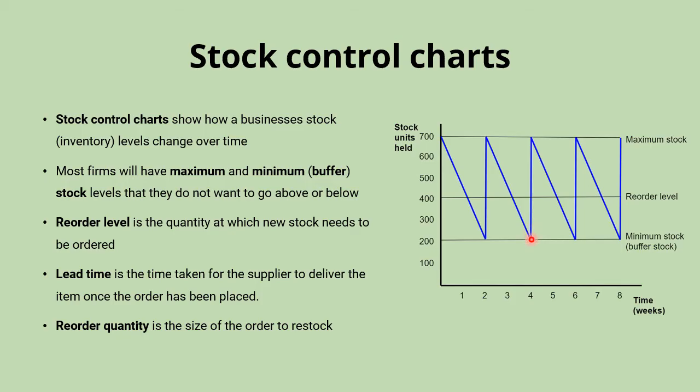And equally, when we restock, it might be that the supplier lets us down a little bit and they only have a certain amount of stock arriving that doesn't take us right the way back to our maximum stock level. So this is a very regular example, but we might equally see more irregular examples of those stock control charts.